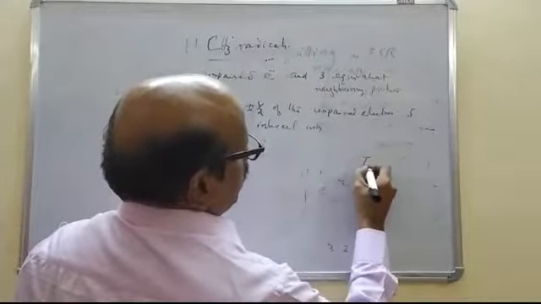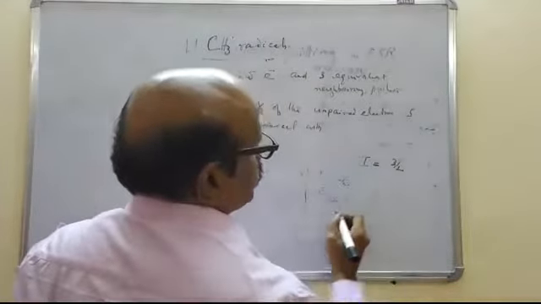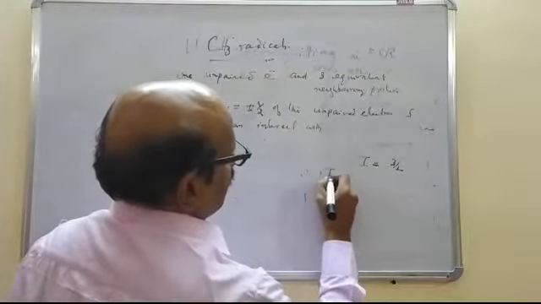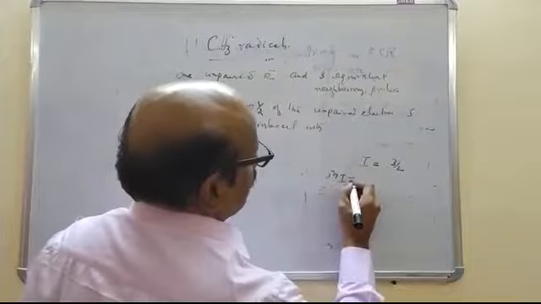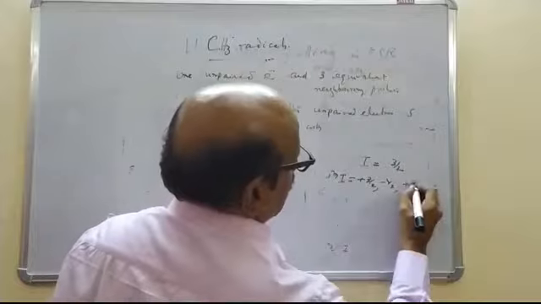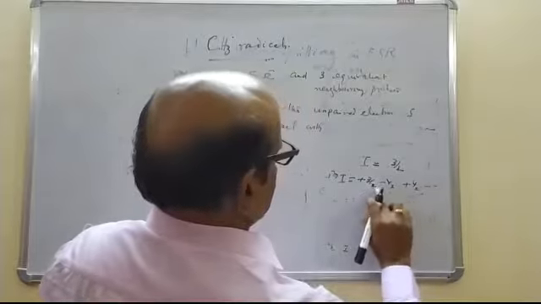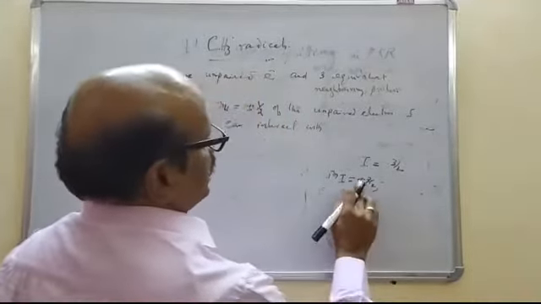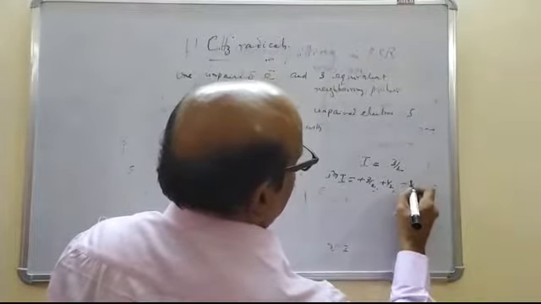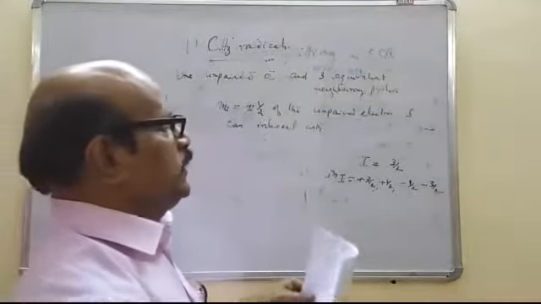With the maximum I possible, that is 3 by 2, the various mi combinations are plus 3 by 2, plus half, minus half, then minus 3 by 2. These are the four possible mi.